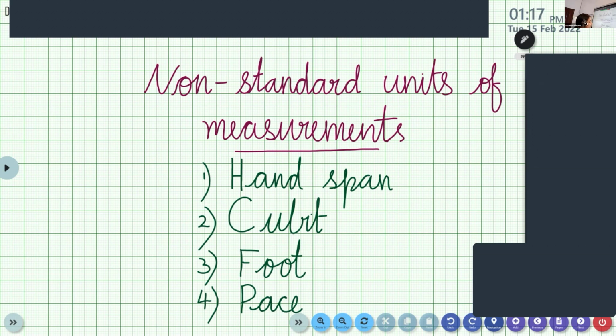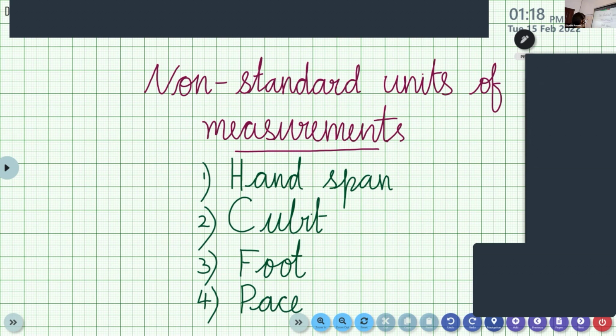Pace we can use for measuring the length of the playground, length of the track. For that one purpose, we are using pace. This pace we will discuss tomorrow once again.